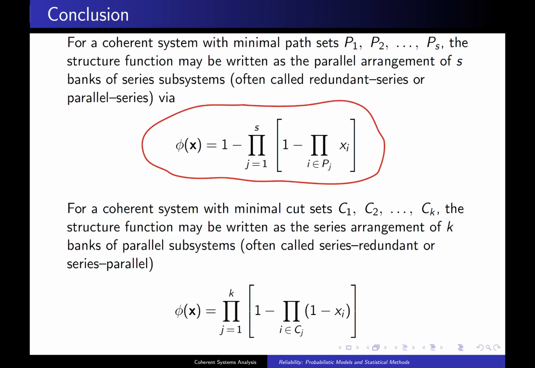The next piece is for a coherent system with minimal cut sets C1, C2 through CK. The structure function may be written as the series arrangement of K banks of parallel subsystems in this fashion right here. And notice that that one is series on the outside and parallel on the inside.